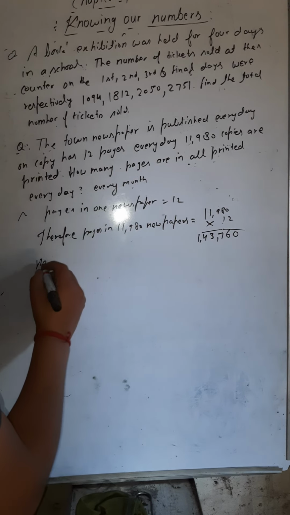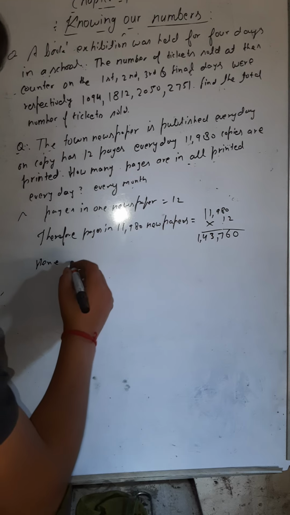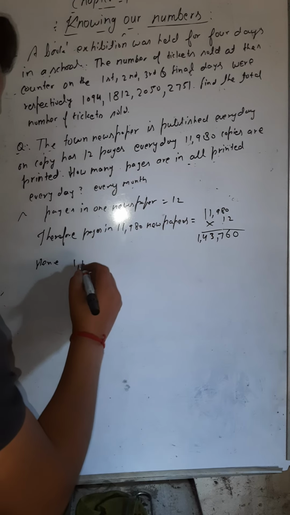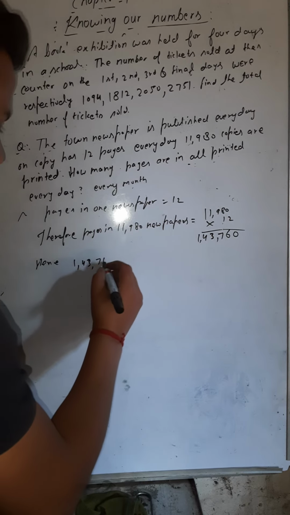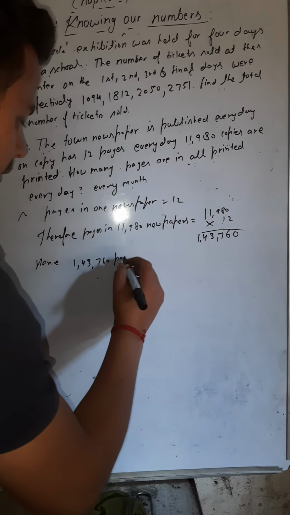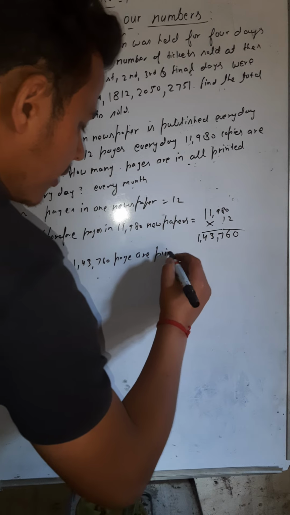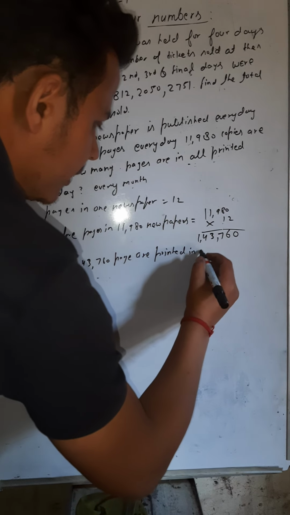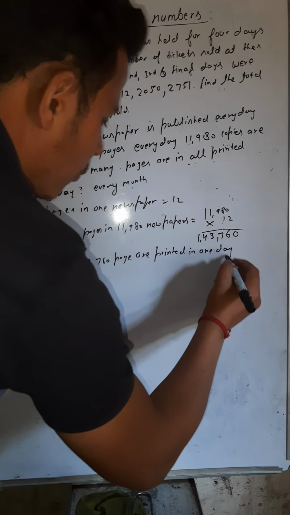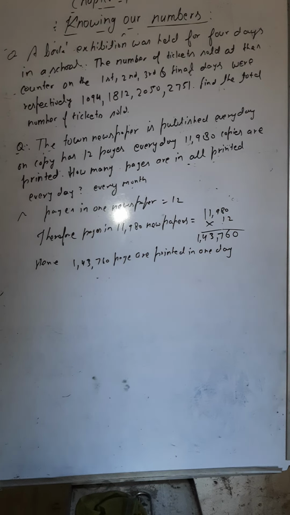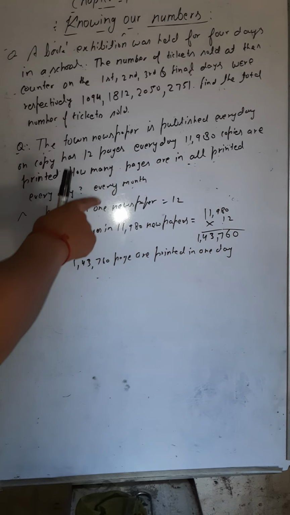So hence 143,760 pages are printed in one day. But you have to find out for 1 month also.